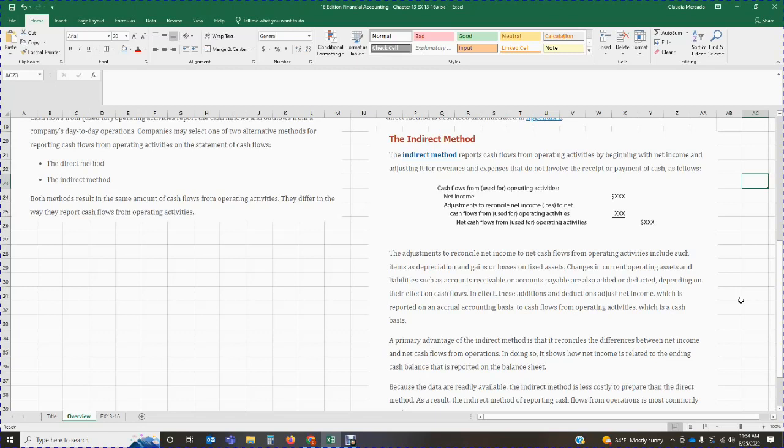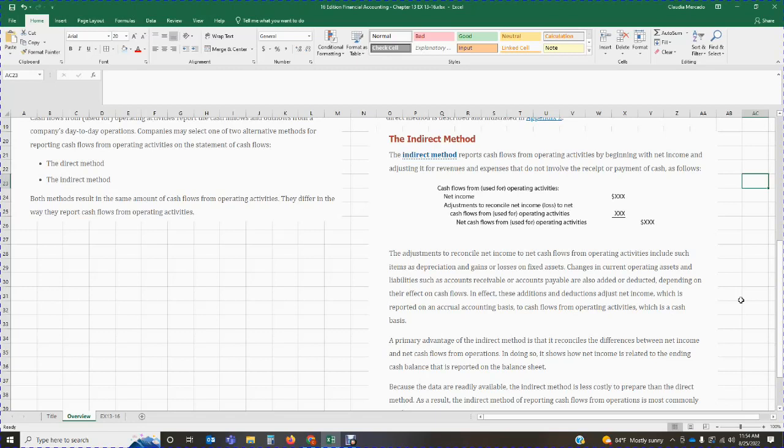Okay, the adjustments to reconcile net income to net cash flows from operating activities include items such as depreciation and gains or losses on fixed assets. Okay. Also, changes in current operating assets and liabilities such as accounts receivable or accounts payable are also added or deducted depending on their effect on the cash flows. Okay.